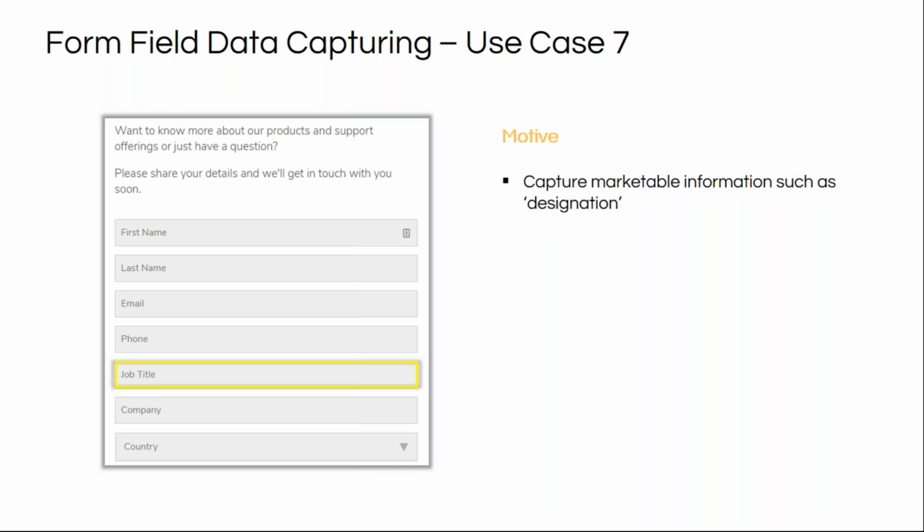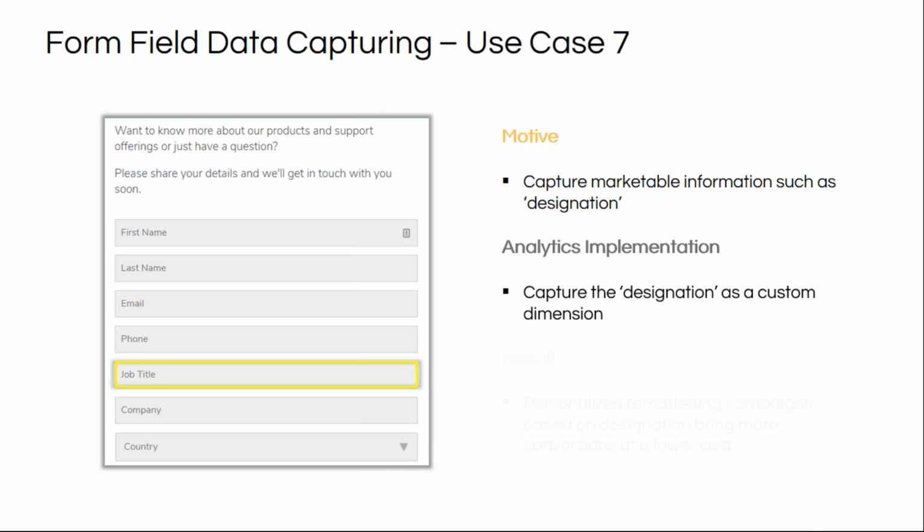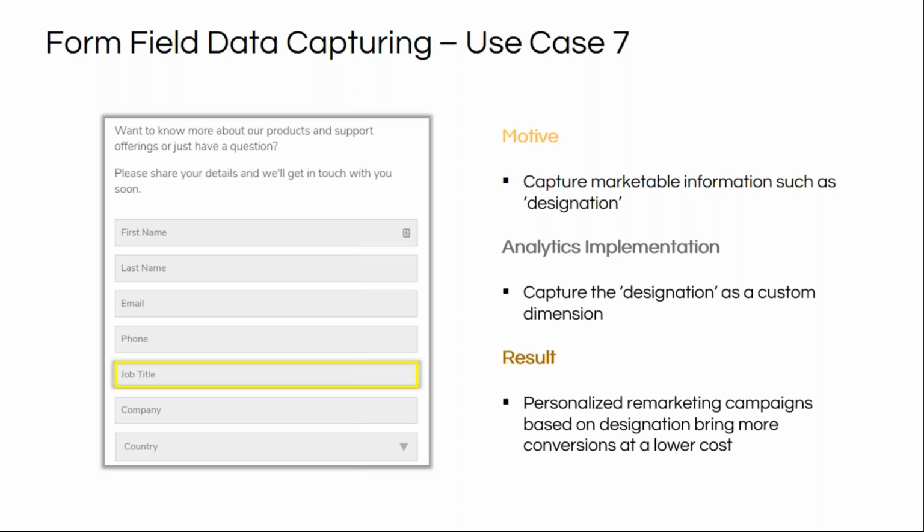In this example, we can capture information such as designation, very marketable information, and populate it to Google Analytics in a custom dimension. One thing to remember is that we cannot populate data such as email, which is personally identifiable information. Other than that, very generic data we can populate to analytics. So we can see how different designations affect the ultimate conversions.